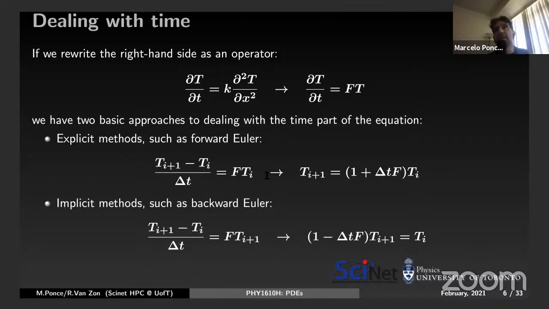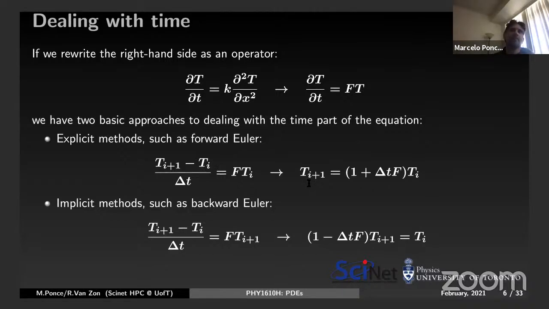And if I apply this operator f to the temperature T at the given time step, then I can do a little bit of algebra and get my next value of the temperature at the next time step just by multiplying by delta t and moving T sub i to the other side.